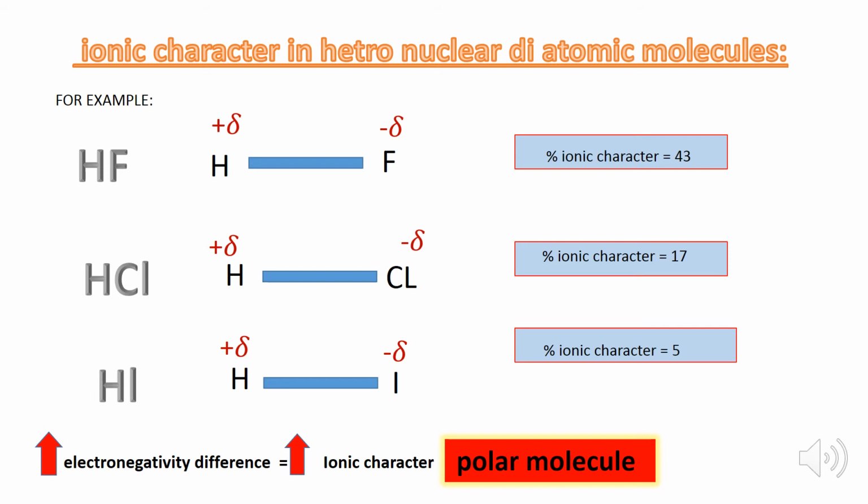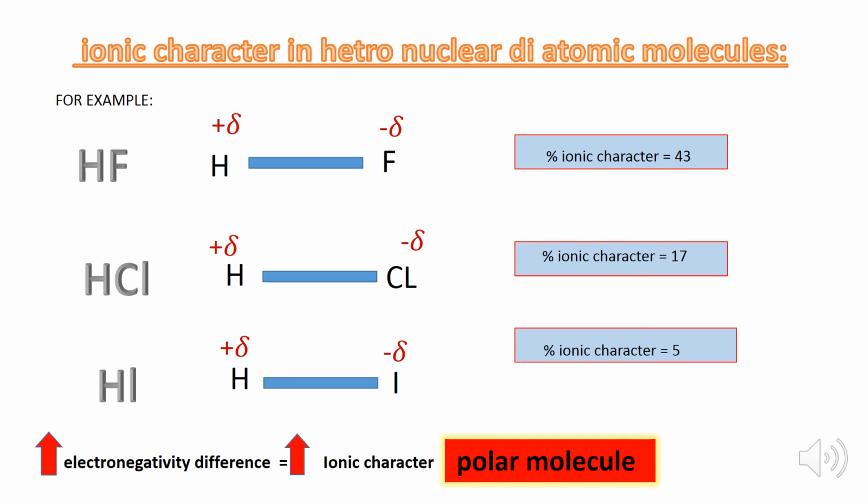So in the case of dissimilar atoms, an electronegativity difference is created between the two atoms, therefore it must have an ionic character. In hydrogen fluoride, the ionic character is 43%.